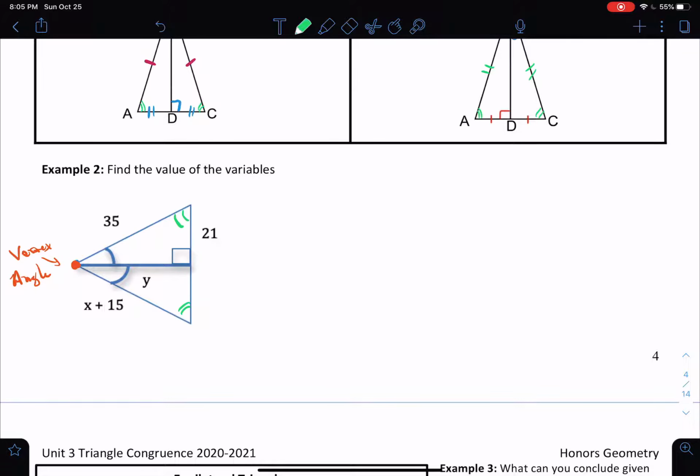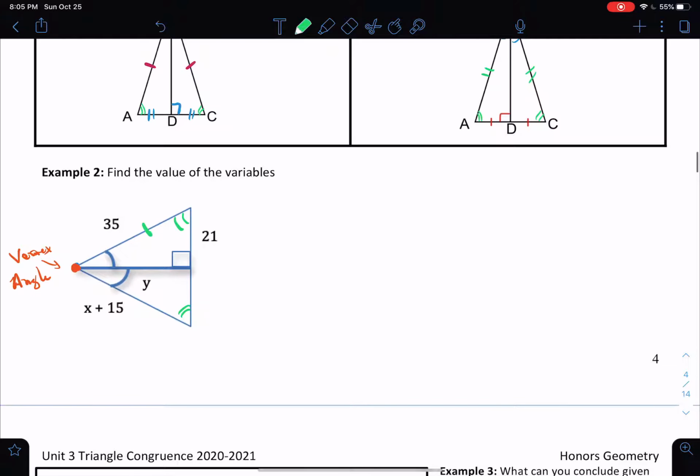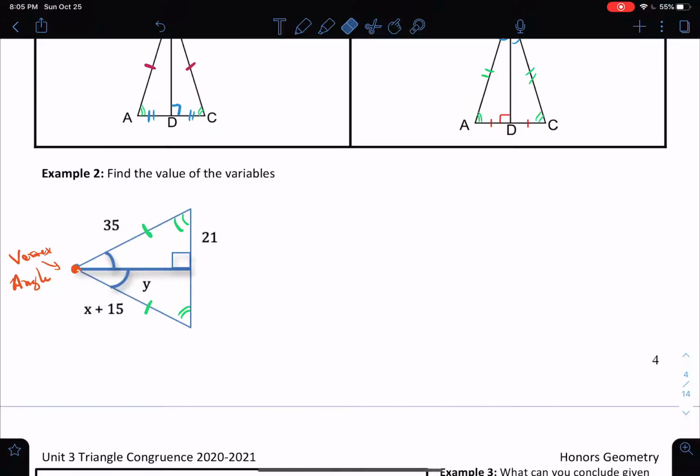Therefore, the sides opposite those base angles are going to be congruent. Okay? So, I know that 35 and x plus 15 represent these side lengths.